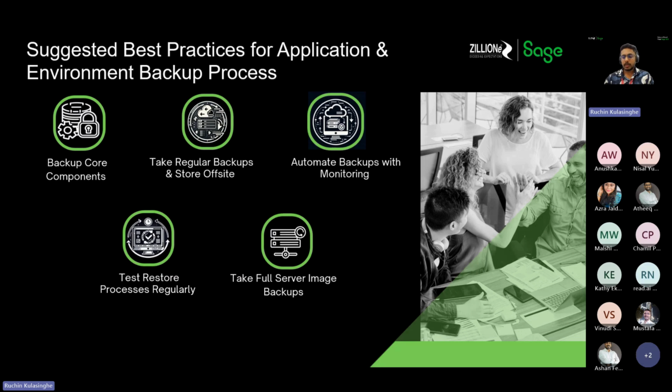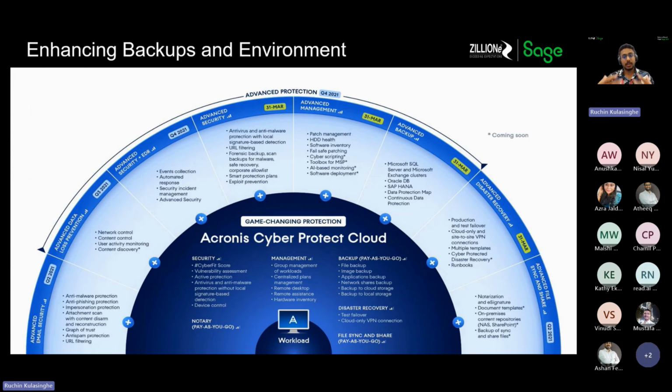So with that, I would like to take you through another service that we provide, because at the end of the day, doing all of these backups, especially for the IT team, is a bigger hassle. The best way to reduce that hassle is to automate all of these functions. One of the services that we provide to automate these is the Acronis cybersecurity solution.